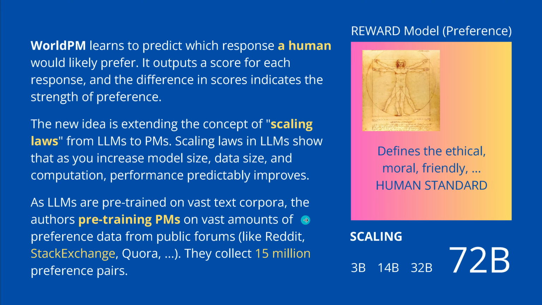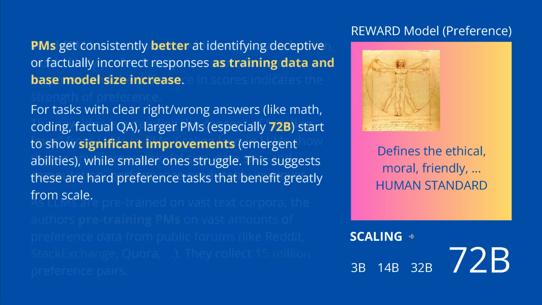How do you define this for an AI? So they went to public forums, luckily not to Facebook or anything like this, and they examined Reddit. Yeah, there's a lot of AI flooding Reddit now. I don't know how many days until Reddit will become unusable, or Quora or Stack Exchange. And they collected 15 million preference pairs. There's a lot of data collection.